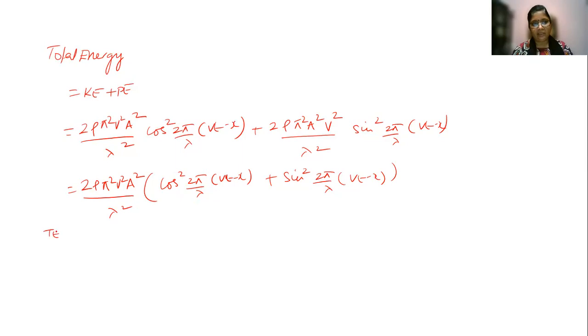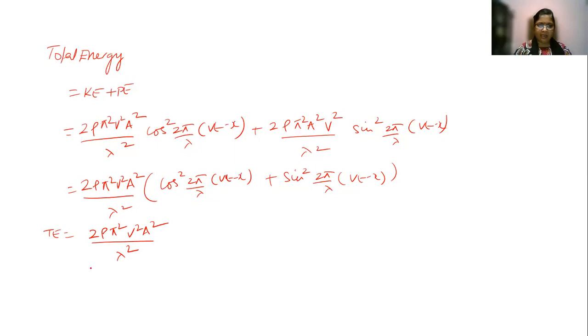So total energy is equal to 2 rho pi square v square a square by lambda square. Your average kinetic energy is this divided by 2, and your average potential energy also is this divided by 2.